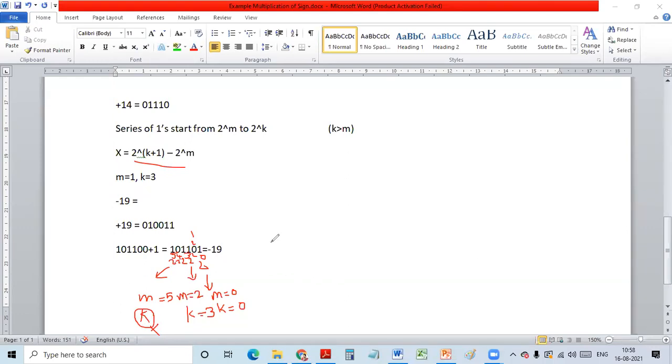So by taking the first term, we will proceed in this way. There is no k term, so this will not be there. It starts from minus 2 power m, with m equal to 5. So minus 2 power 5 plus the next term, k is 3 and m is 2, so 2 power k plus 1, so 2 power 3 plus 1, which is nothing but 4, minus 2 power m, which is 2 square, plus the next series of ones, m is 0, k is 0.